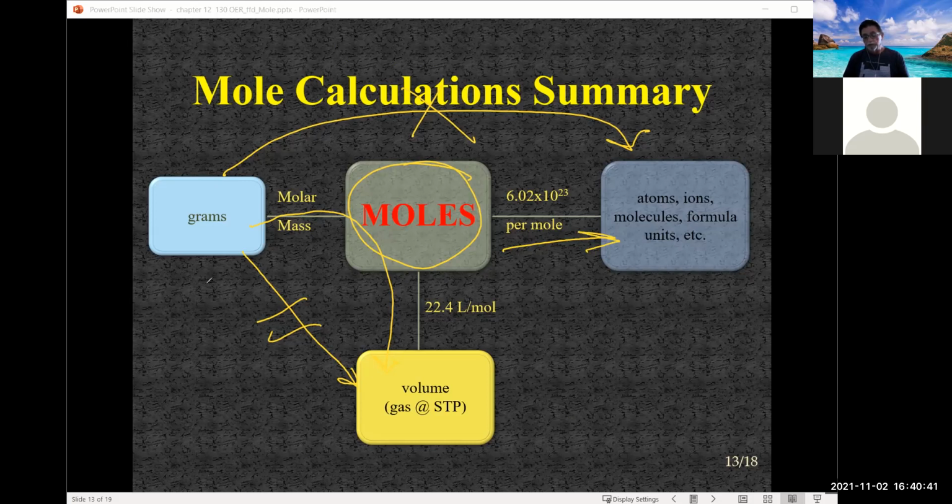Now, I'm moving from left to right, but keep in mind, you can go the opposite direction. I can go from volume to atoms. That's a two-way arrow here. Or I can go from grams to volume. But I can't do any of that without first going through moles. And the connecting factor of moles is what? Molar mass, and if you're at STP, 22.4 liters per mole.